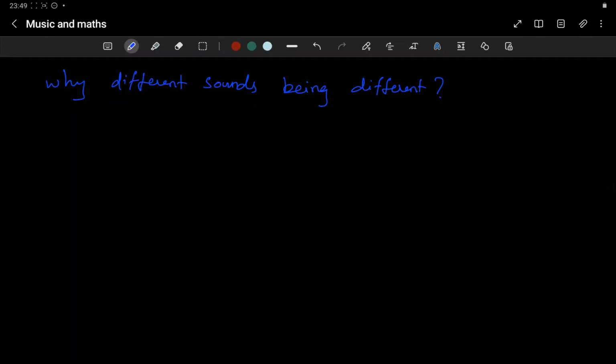Okay, we hear different sounds. So, what makes one sound different from another? The sounds are different, and that can be described using two kinds of properties.